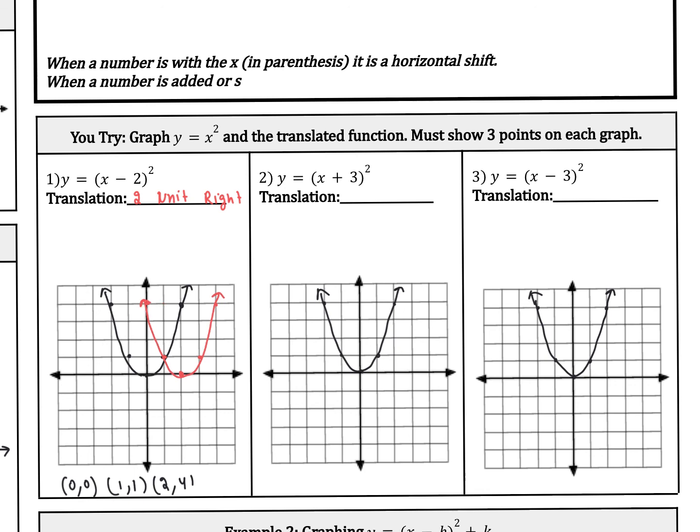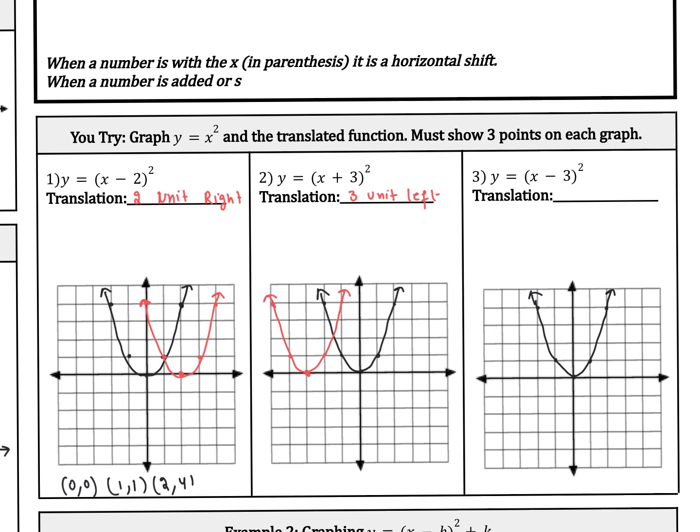For the next one, this is plus 3, so this means it's 3 units left. So 3 units left, the starting point is this one. After that you follow the pattern 1, 1, and 2, 4, and that's my graph.